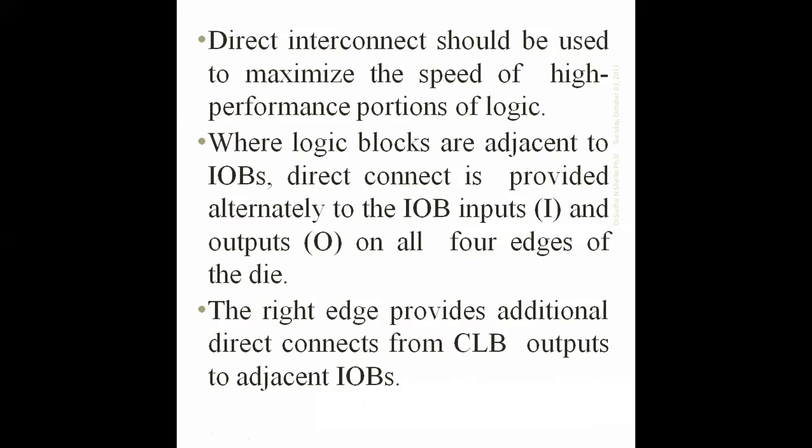The right edge provides the additional direct connection from the CLB output to the adjacent IOBs. It is an extra signal line, directly connecting one CLB to another CLB or the IOB to the CLBs.